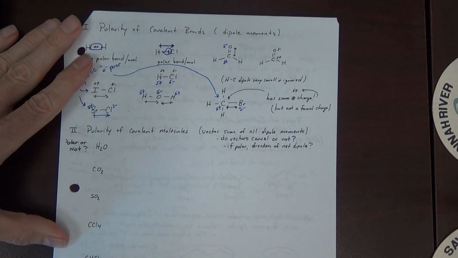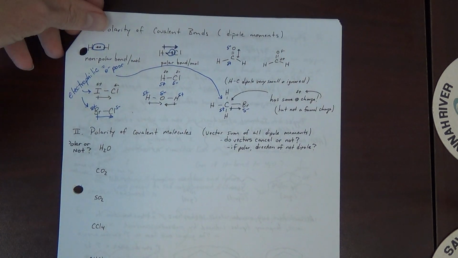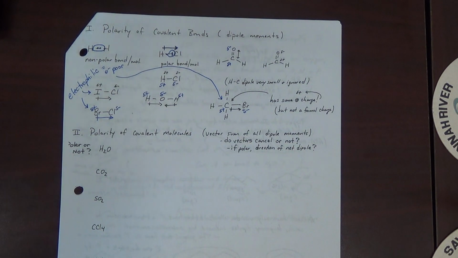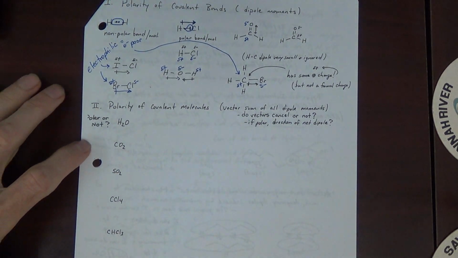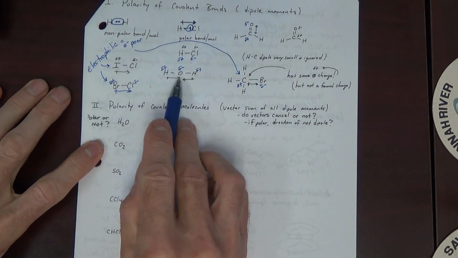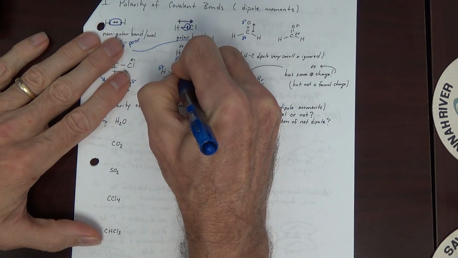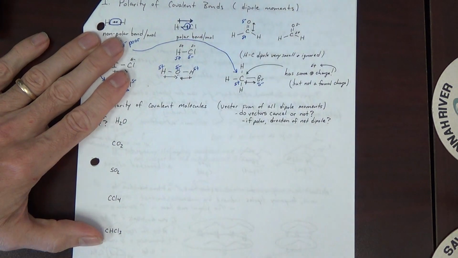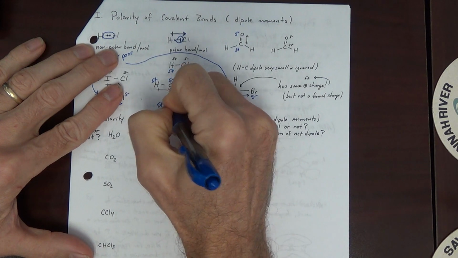Okay, let's expand upon this idea, which by the way, you should have hopefully seen some in Gen Chem. Here are some molecules. Polar or not, H2O. Again, we have to understand that the oxygen has two lone pairs, and that oxygen is sp3.